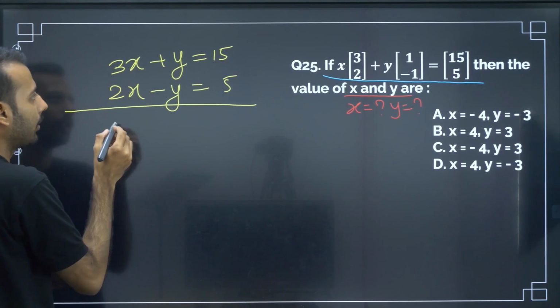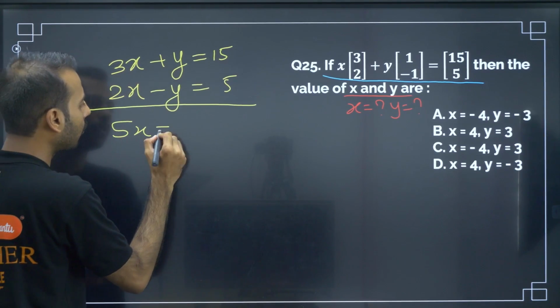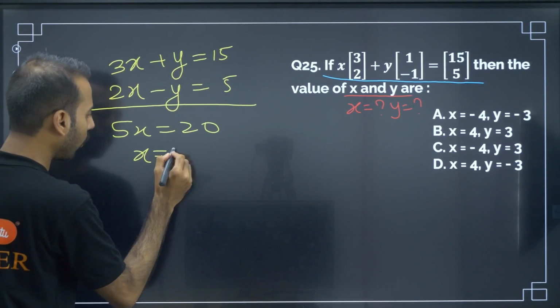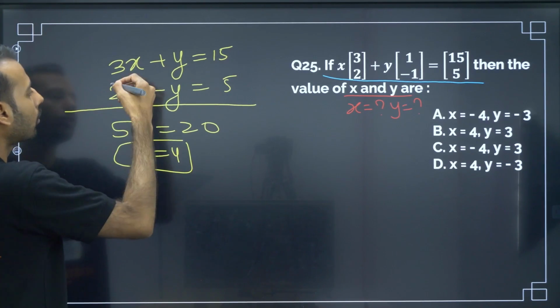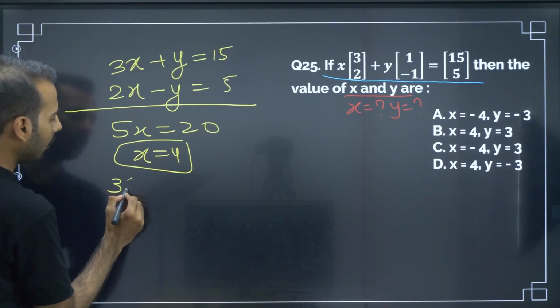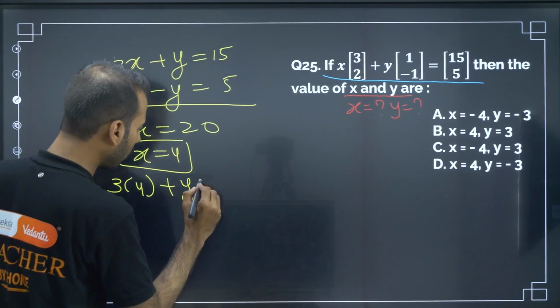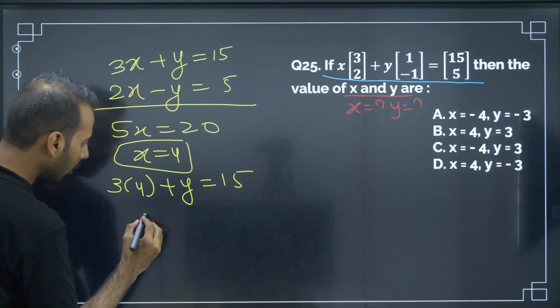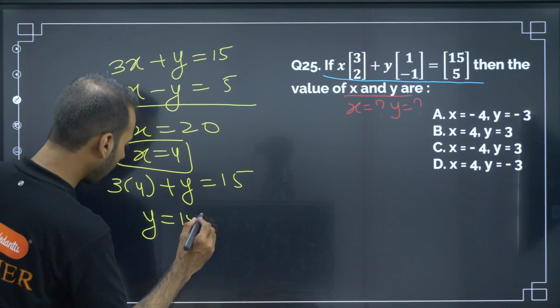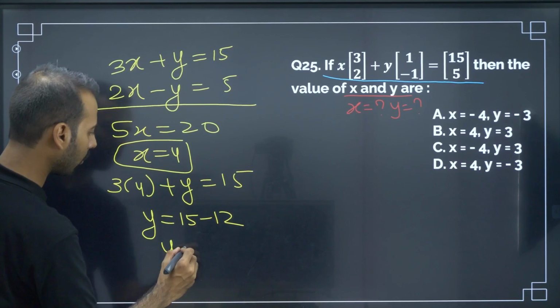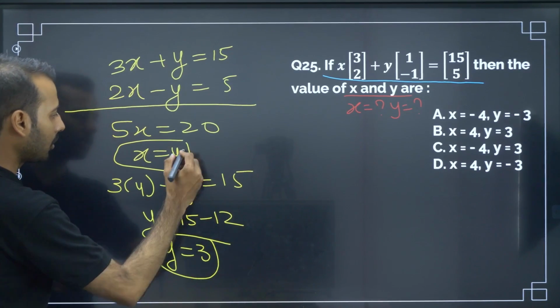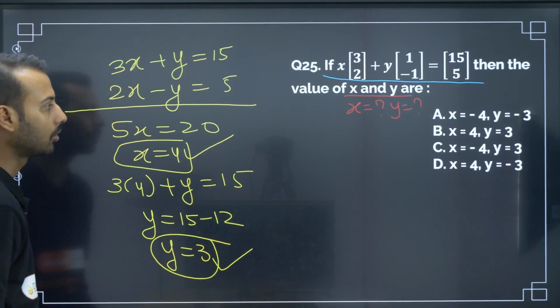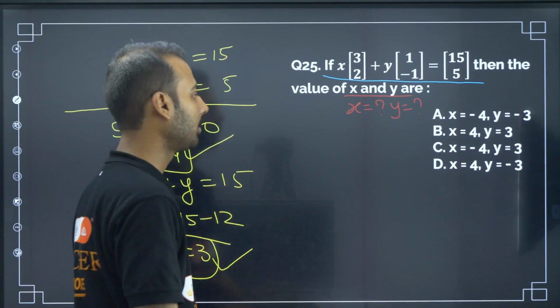If I add these, 5x is equal to 20, so x is equal to 4. If I substitute in this equation, y is equal to 15 minus 12, so y is equal to 3. X is equal to 4, y is equal to 3.